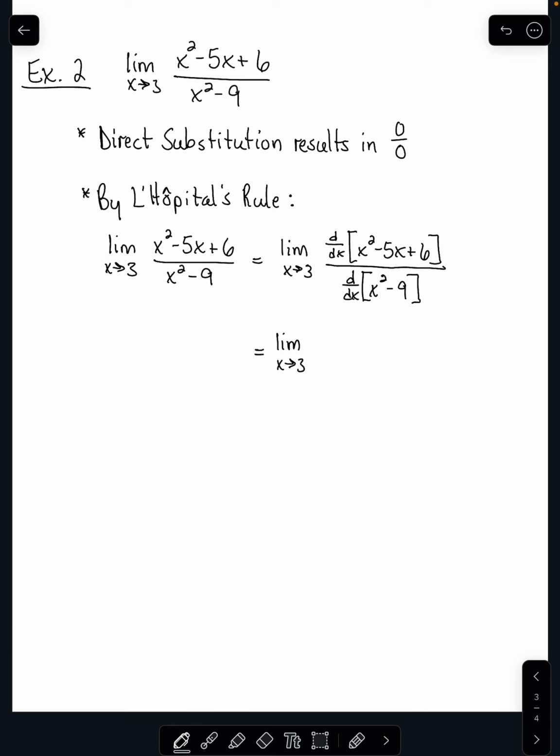The derivative of the numerator, then, is 2x minus 5, where the derivative of the denominator is 2x. At this point, we can attempt direct substitution again.